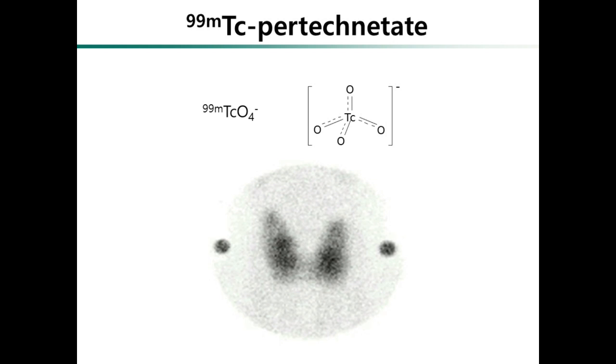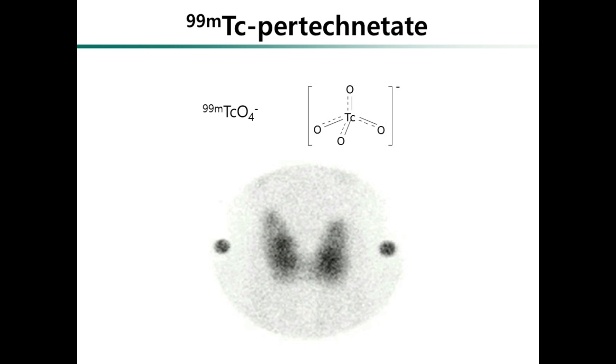As I mentioned, the technetium pertechnetate has 4 oxygen atoms in that molecule. That is a tetrahedral structure, just like a sphere structure. Our body thinks that it is a sphere structure.